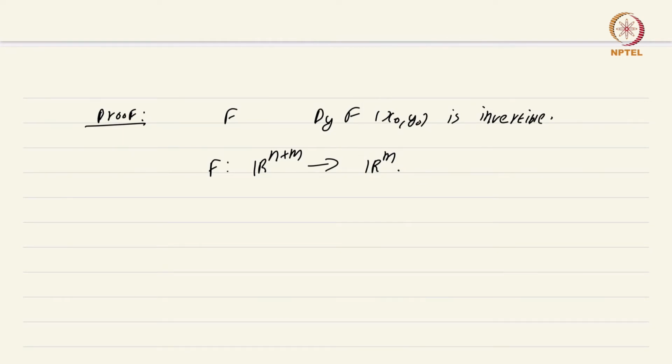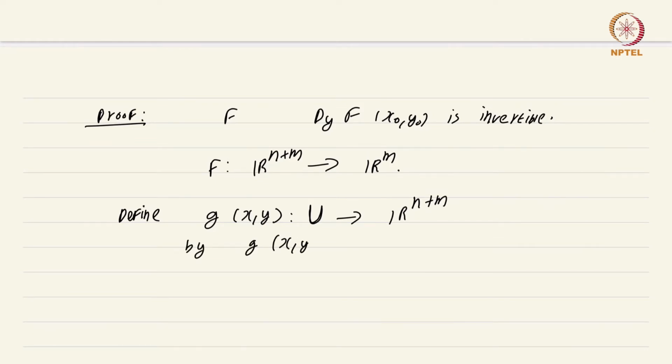So what is the simplest and most natural thing to do? Well, fill in the missing variables exactly as they are. What do I mean by that? Define g of xy from u to R n plus m by g of xy is equal to x comma f of xy.